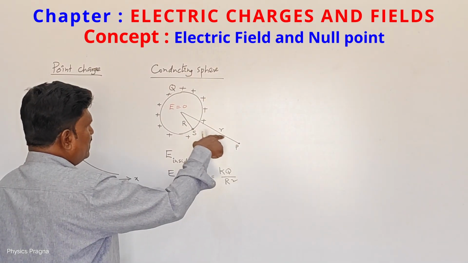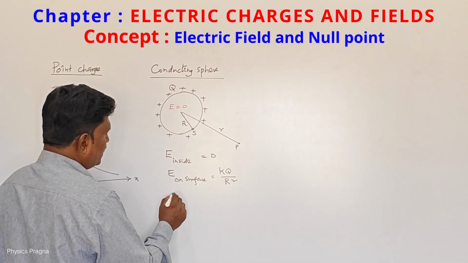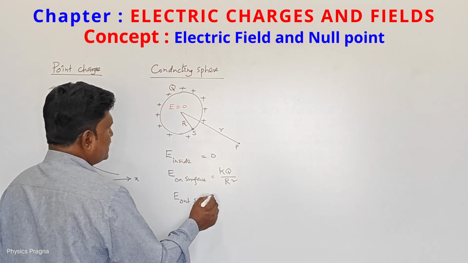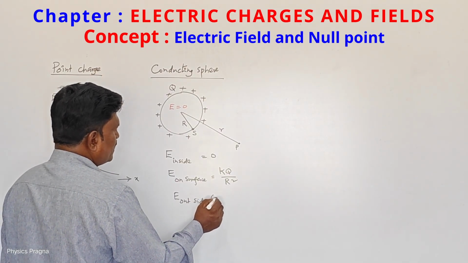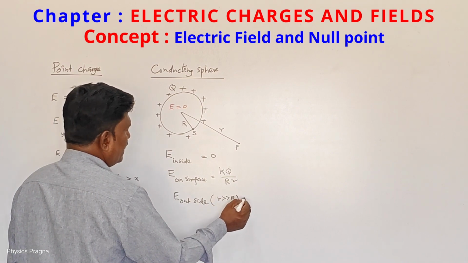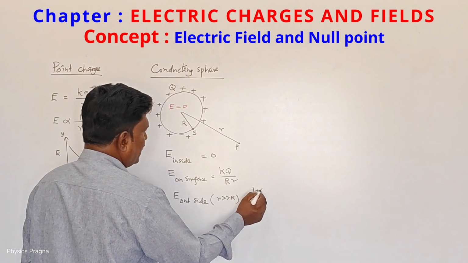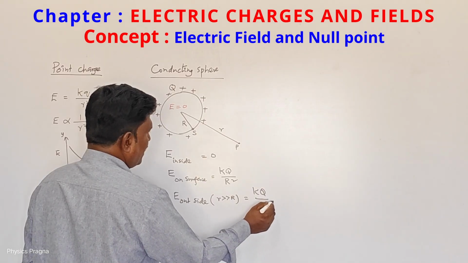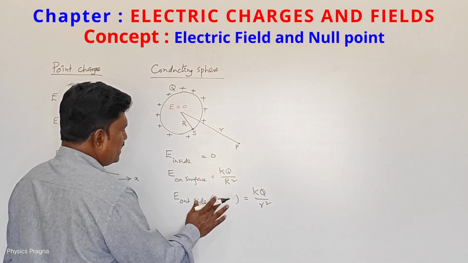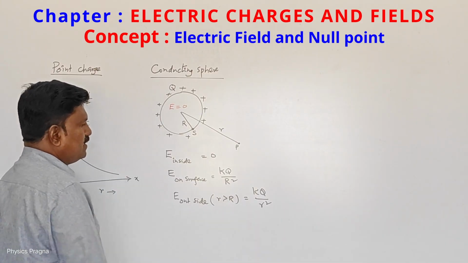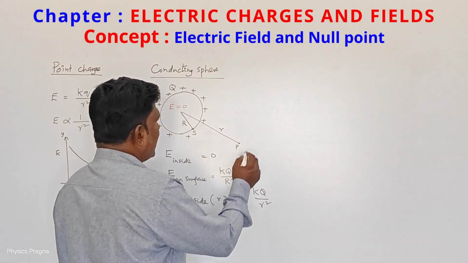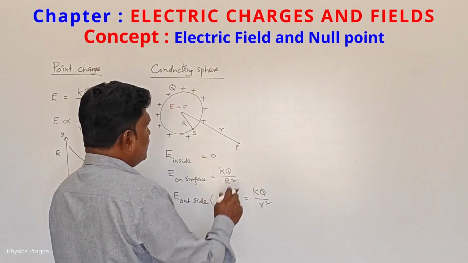Away from the sphere, outside, that means small r is greater than capital R, then the formula is kq by r square, right? So r is much greater than or greater than R. So these are the formulae. So how can we get the graph for this?